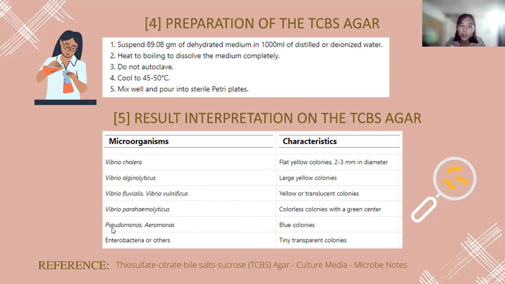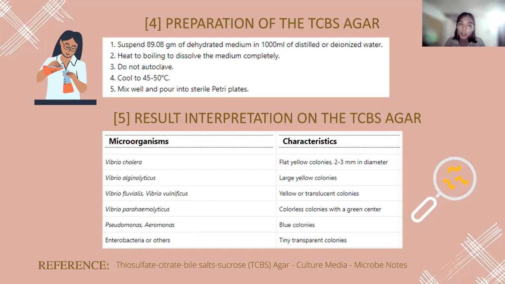We can also culture here Pseudomonas, Aeromonas, Enterobacteria, and others. But these are less cultured using the TCBS agar. So it's very particular to Vibrio species.